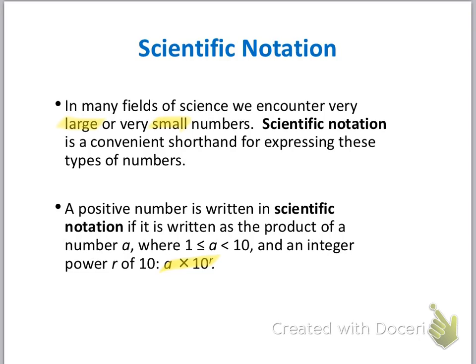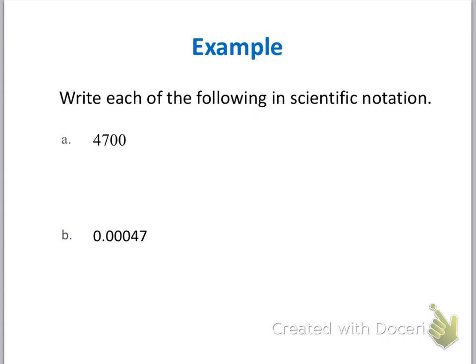And there's one special thing that you've got to keep in mind, is that number has to be between 1 and 10. It cannot be 10 or bigger. Okay? So, if we're going to write a number in scientific notation, the first thing we need to do is make that number smaller than 10.